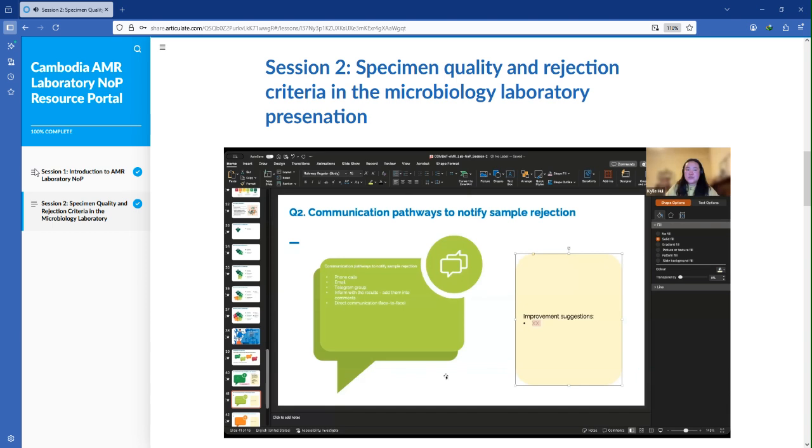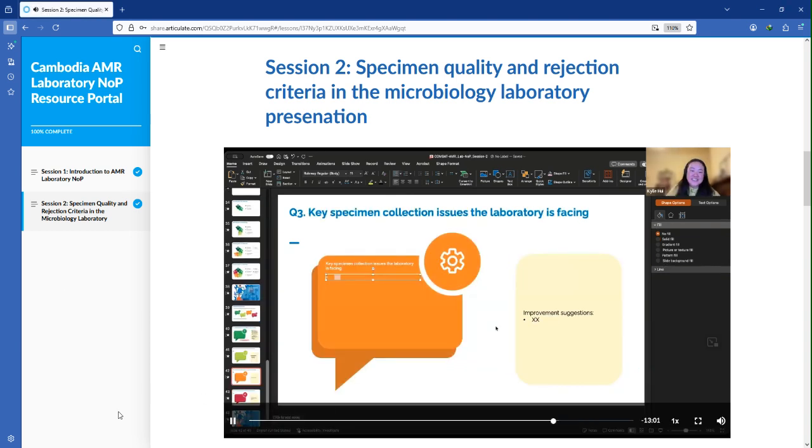Or is there constantly food particles in sputum samples? Anything from group 1? Group 1? Yep, I think this might be a bit difficult for you to answer, Dr. Sokchan, but is there anyone else from group 1, any key specimen collection issues that we see?